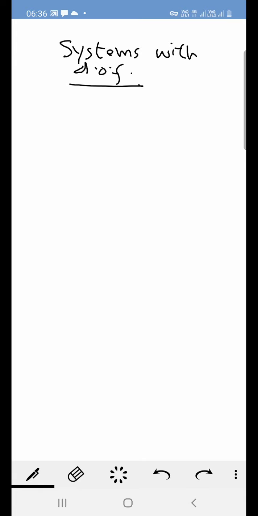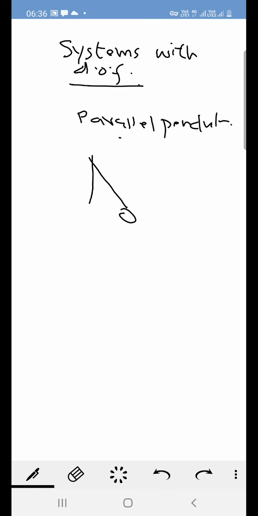So first we'll talk about a parallel pendulum. We know that this is the normal pendulum. Now if this normal pendulum is attached with another bob and a spring constant K, then this becomes a parallel pendulum. So this will oscillate on its own, and it will also be related to this other mass.